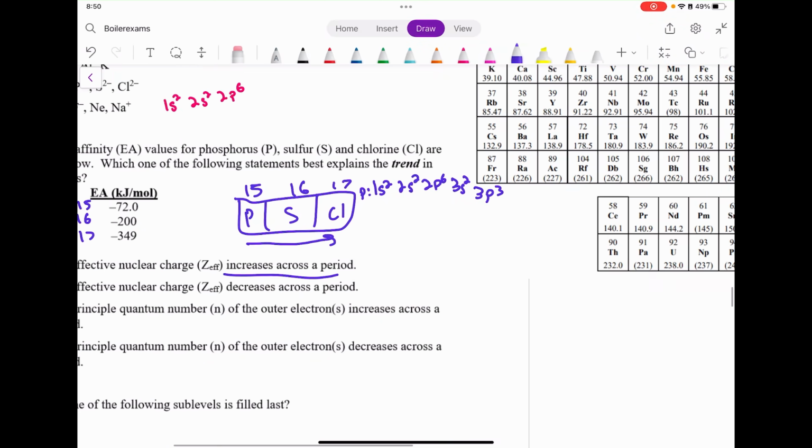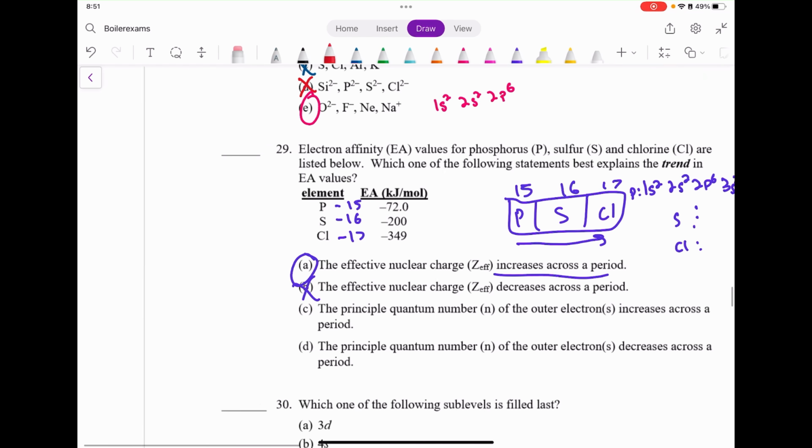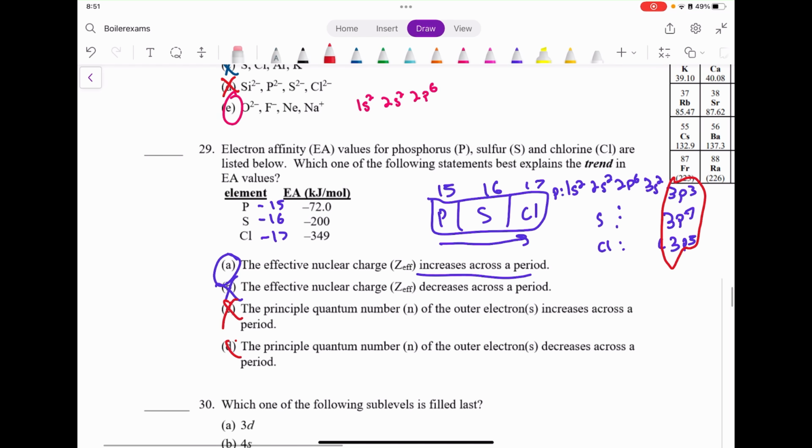And then if I were to write the other two, it would be the same deal, but sulfur's outermost one would be 3p4, and then chlorine would be 3p5. Anyways, I'm just trying to show that their outermost electrons are all in that 3p. So C and D are definitely not true.